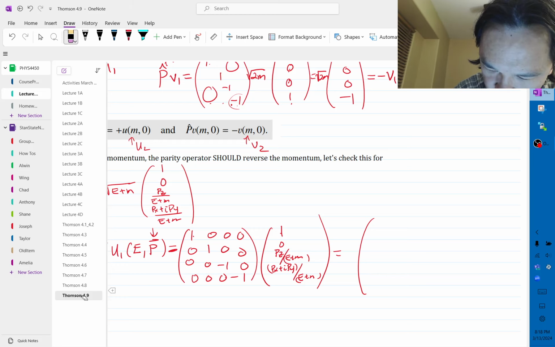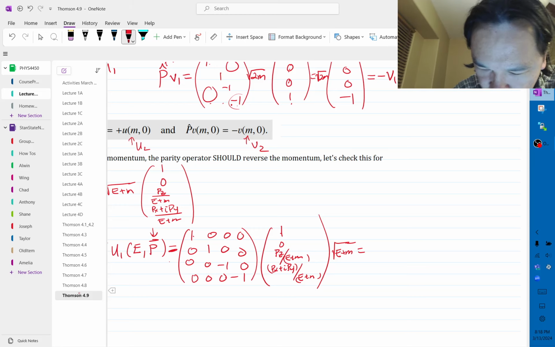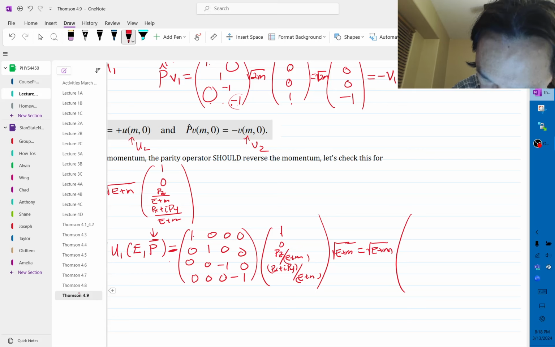Of course, there's a square root of E plus m, which you usually would write in front, but I forgot to write it there, and I don't want to redraw these matrices again. So 1 times 1 equals 1, and the rest is 0, so it doesn't contribute. 0 times 1 is 0, 1 times 0 is still 0, and the rest is also 0.